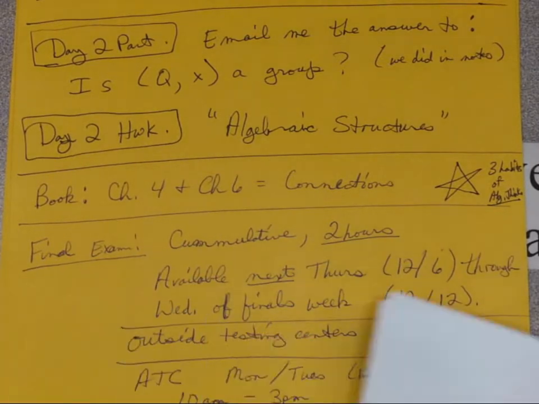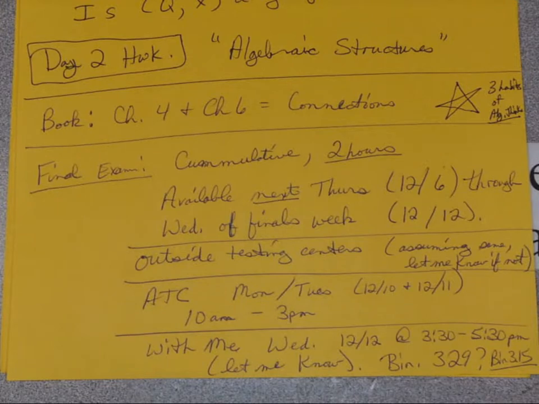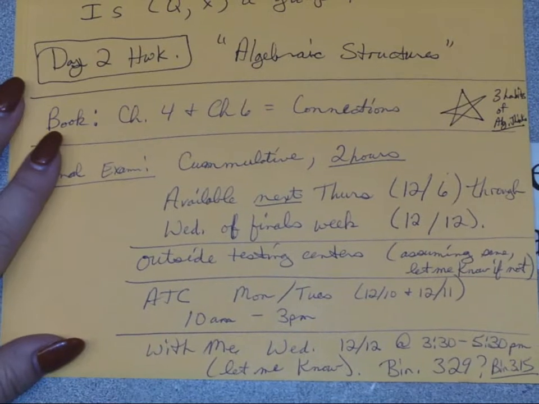Okay, final exam. It is a cumulative, comprehensive final exam, which means you should be able to look at all 3 of your review sample sets, all 3 of your exams, and come up with a pretty good approximation of what your final exam is going to look like.